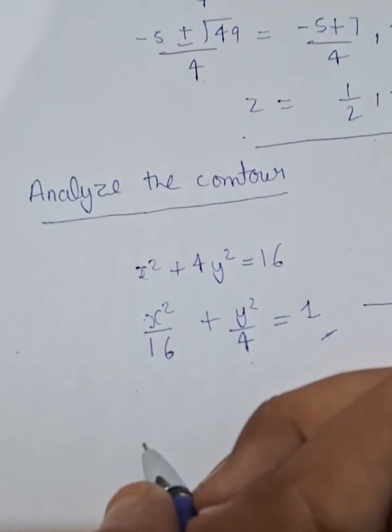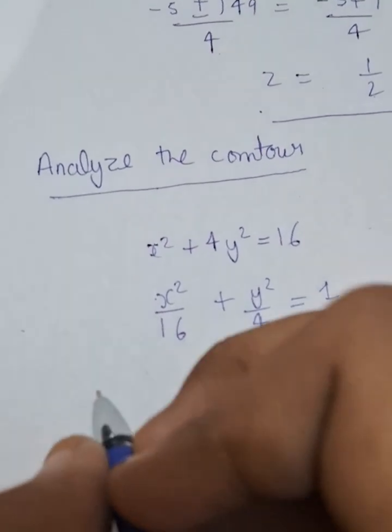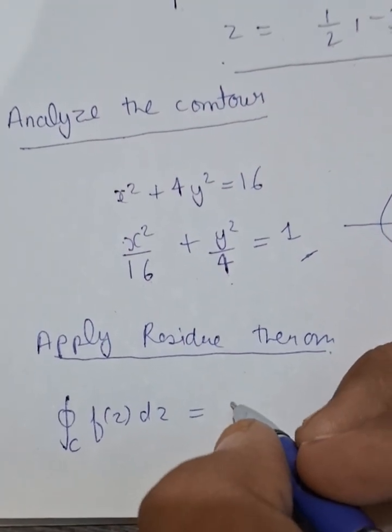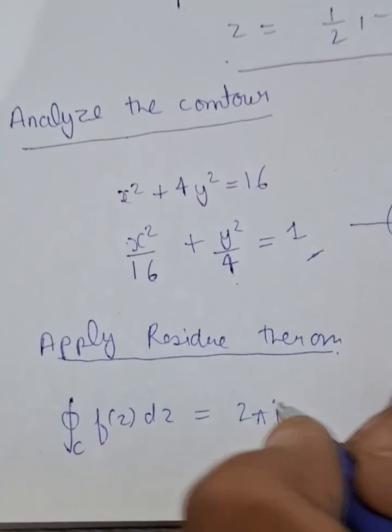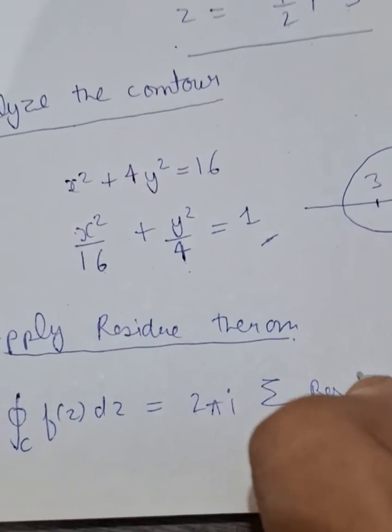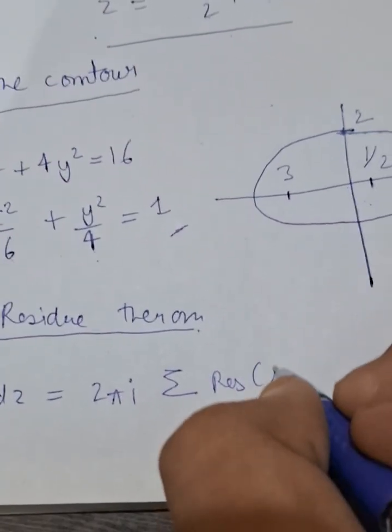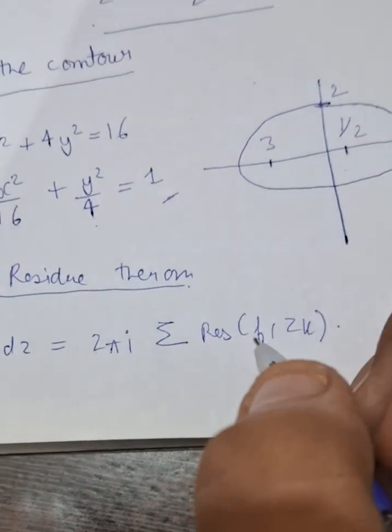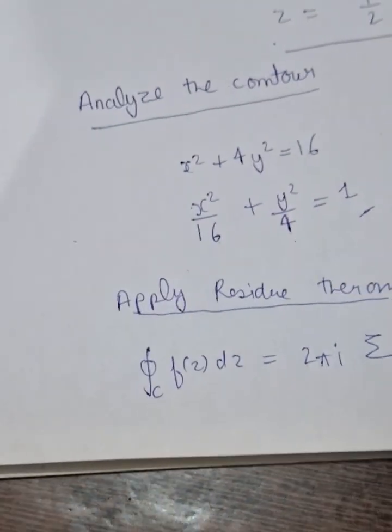Now we will write it in equation terms. We apply the residue theorem, and the equation for that will be 2 pi i times the summation of residues of f at z_k. Now we apply the residue theorem for the two points.